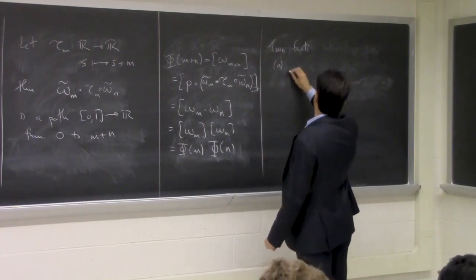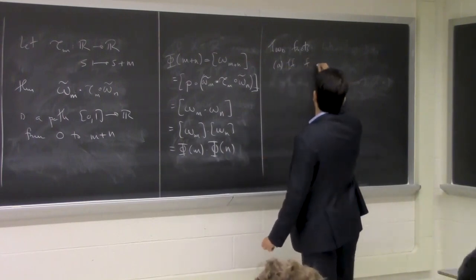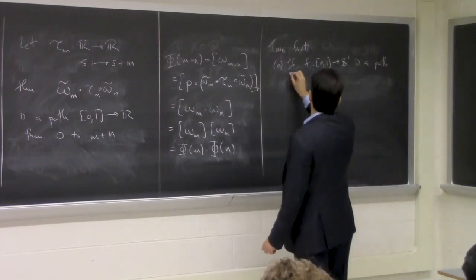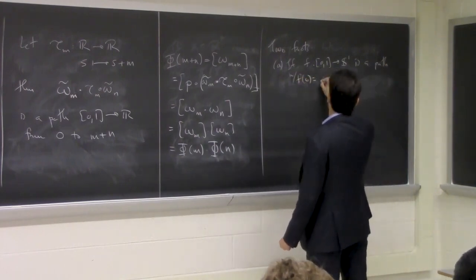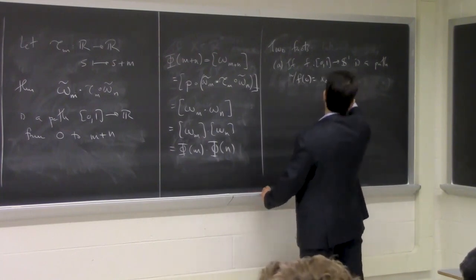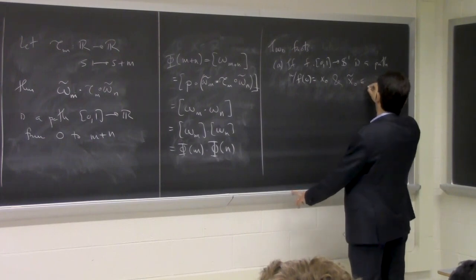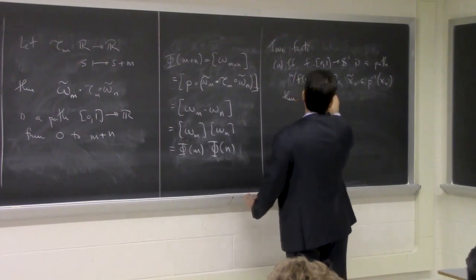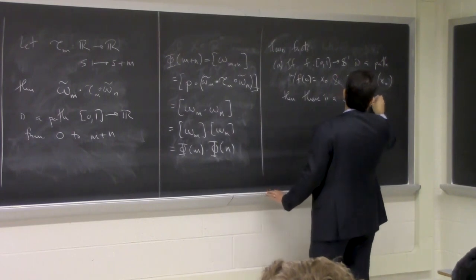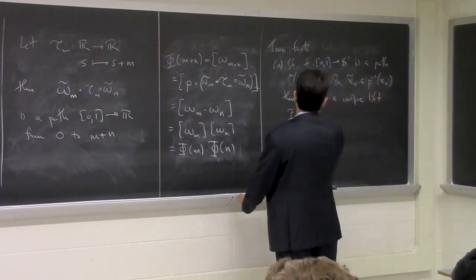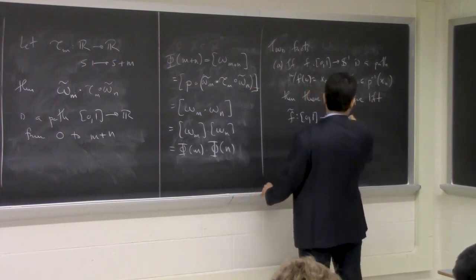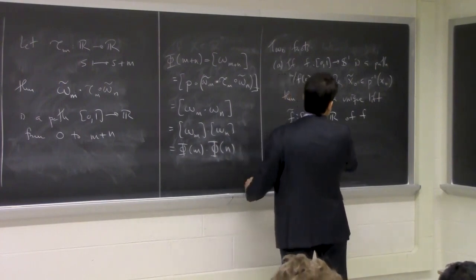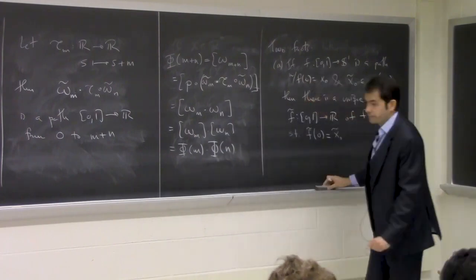So if f from 0, 1 to the circle is a path with f of 0 equal to x naught, and you pick a lift, x naught tilde, anything lying above x naught, there is a unique lift of f to a path on R such that f tilde of 0 is equal to x naught tilde. Okay?